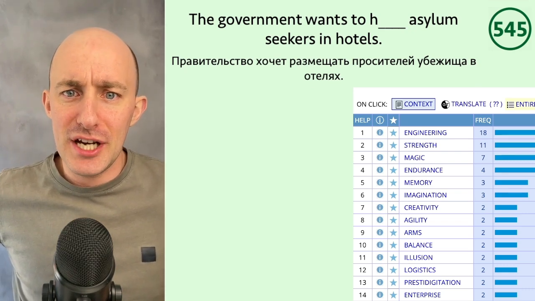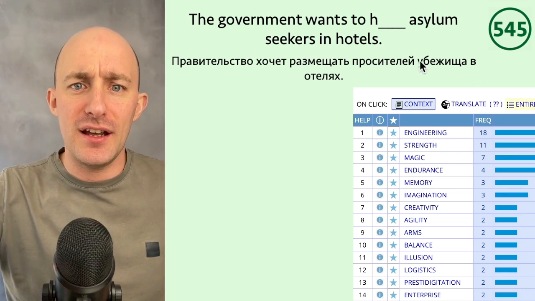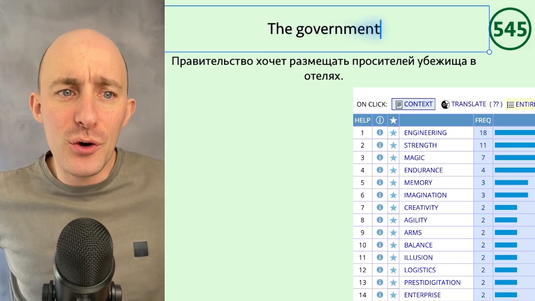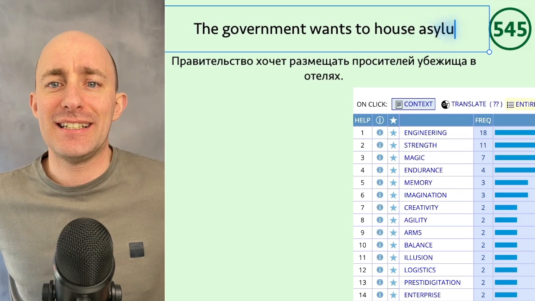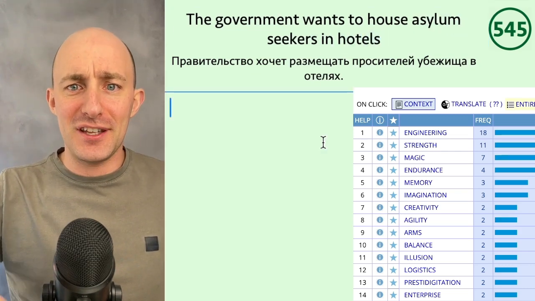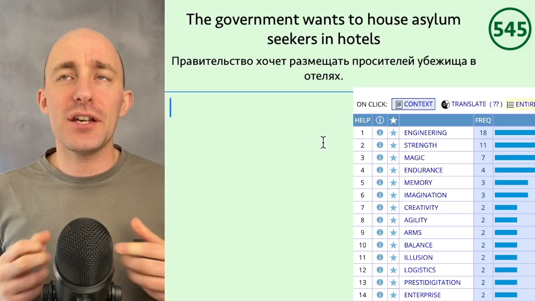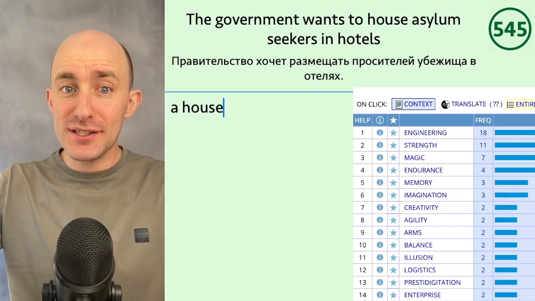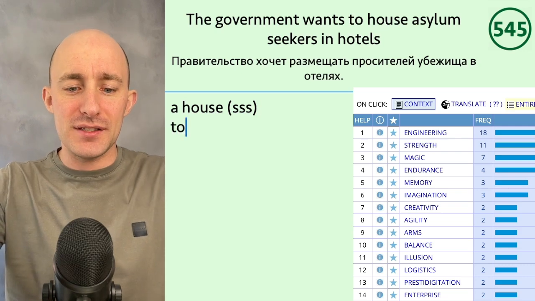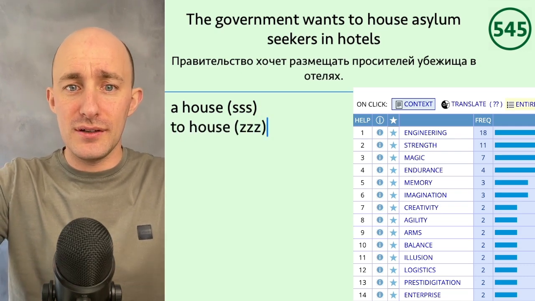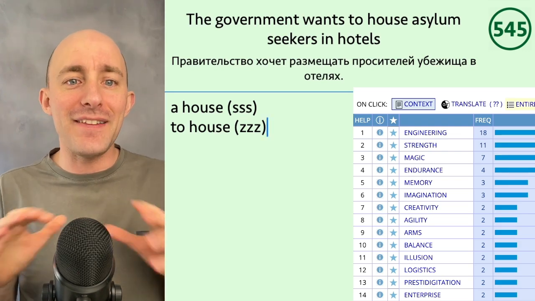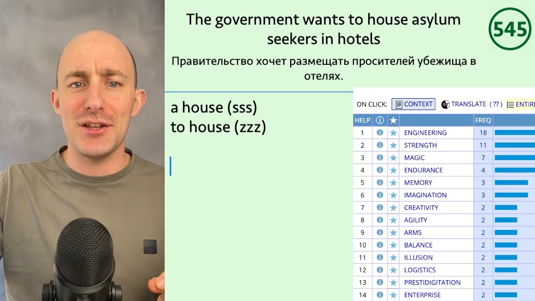The government wants to house asylum seekers in hotels. Thank goodness for that. Wants to house. So, yes, a house, the noun, is s at the end, but to house is z. Of course, that means we pronounce s and z at the end, but it also really changes the vowel.